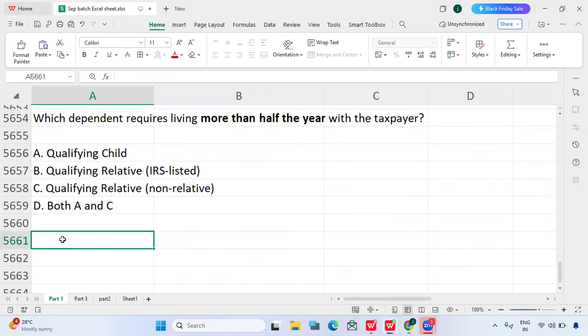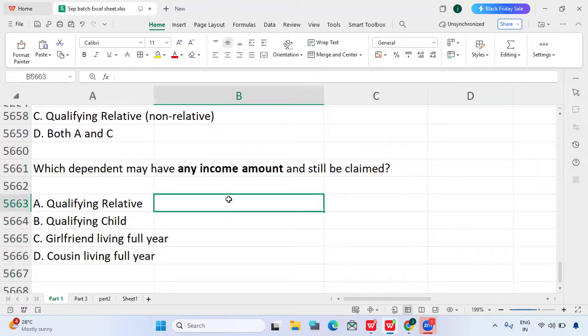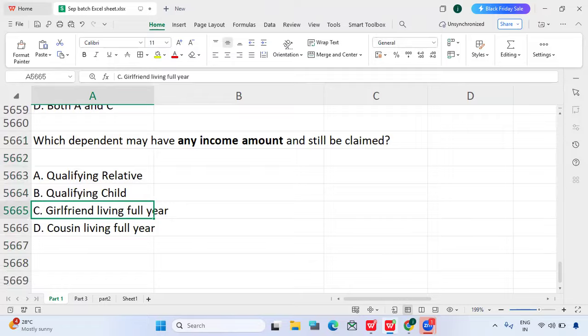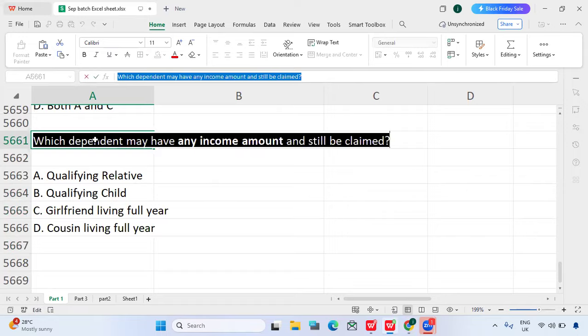Next one: which dependent may have any income? Now tell me the correct answer. Qualifying children. Did we discuss anything relating to qualifying children?